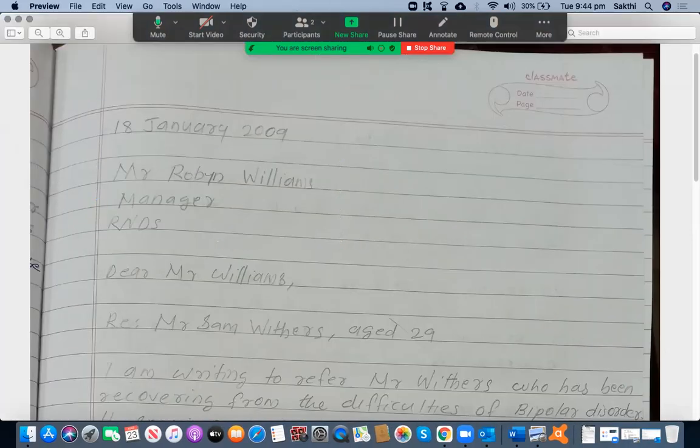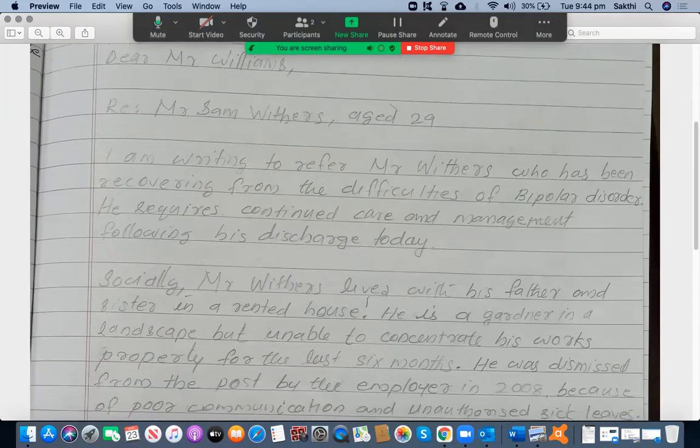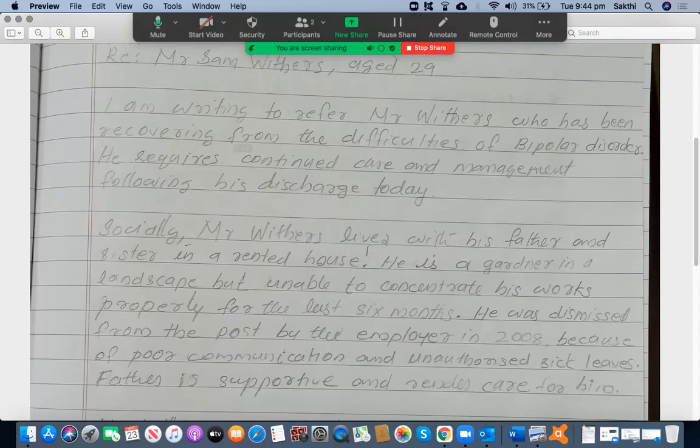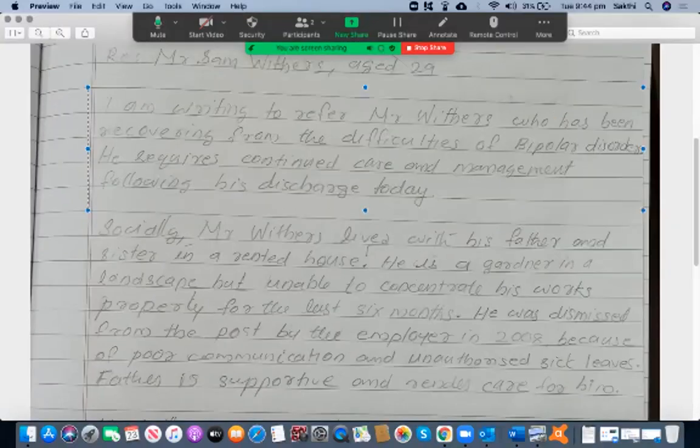All right. Dear Mr. Williams, that's good. I'm happy with that. And then you have written on the reference details of the patient, that is Mr. Sam Withers, aged 29. That's good. In the introduction paragraph, you have written on I'm writing to refer Mr. Withers, who has been recovering from the difficulties of bipolar disorder.